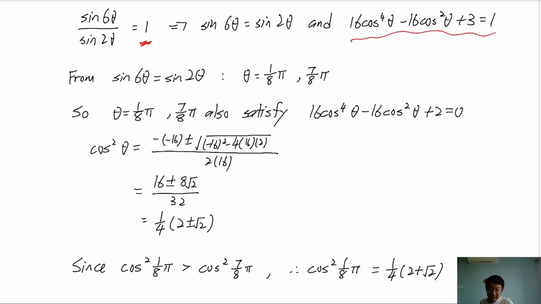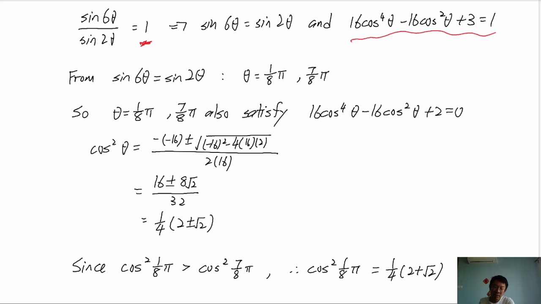Because we have let sine 6 theta over sine 2 theta equal 1, the 16 cos power 4 theta quadratic expression should also equal 1. So both of them should be the same. What does that mean?